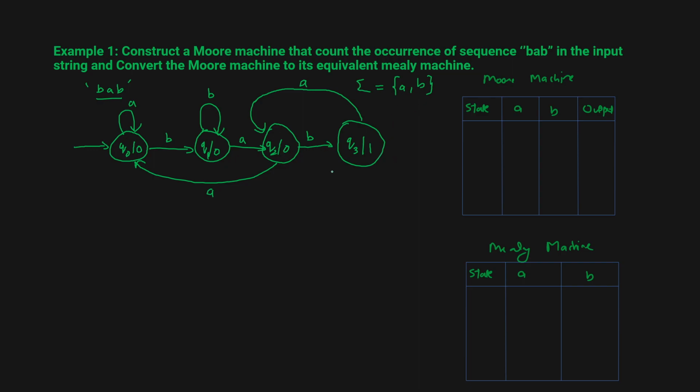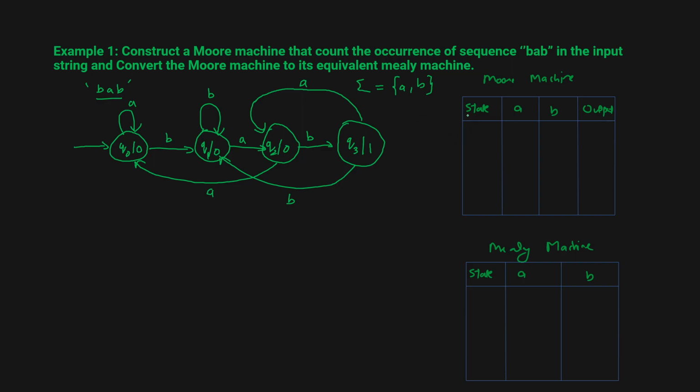And if you get input B in Q3, you don't go back to the starting state, you go to Q1. It's going to be like this: BAB, then again B, and you come to Q1, then you get AB, so you reach Q3. So this is the Mealy machine.